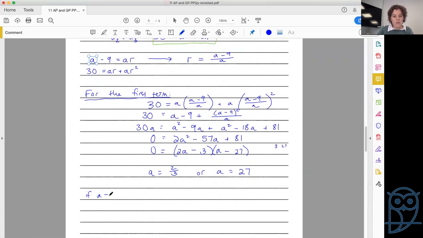So, if A equals 2/3, what does R equal? R equals, and there's the problem, 2/3 minus 9 over 2/3. That equals minus 5. That's not going to work for us. Let's double check. If A equals 27, R equals, oh, this is much better.